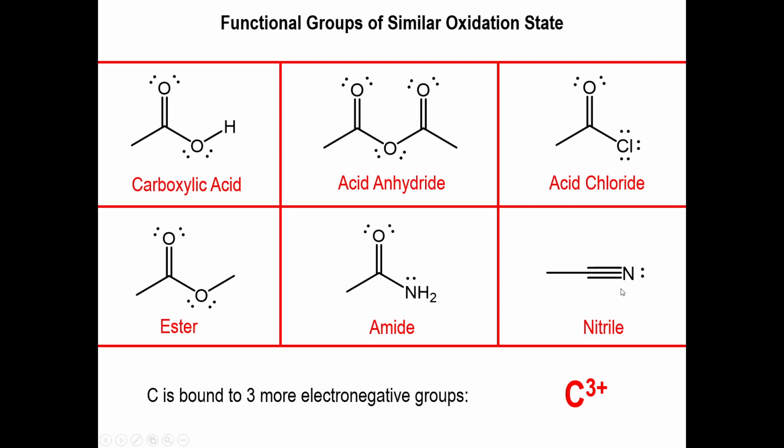And what this ultimately means is that each of those carbons is oxidized all the way to the 3+ level. And this is almost the highest oxidation you can have on carbon, the highest being 4+. So these are basically one electron removed from being the most oxidized versions of the molecules.